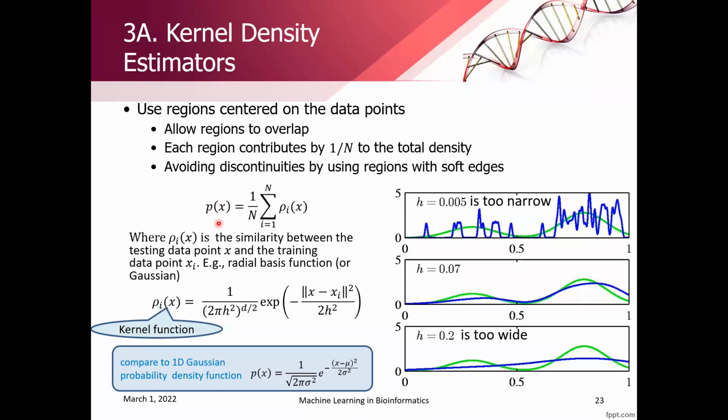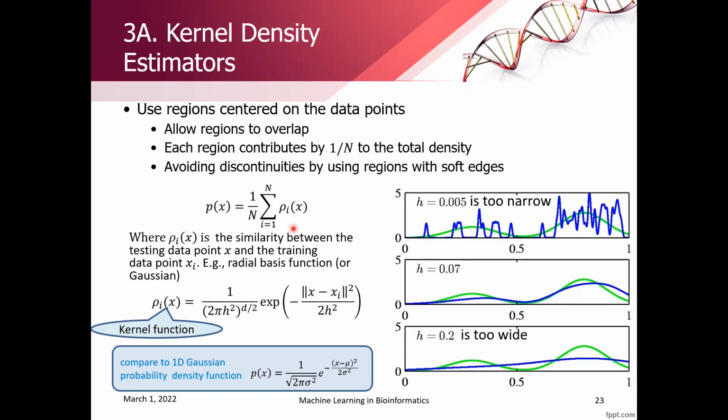So the density function is approximated as 1 divided by capital N times the sum of the kernel functions, rho sub i, x. x is the point for which we would like to approximate the density. So this is a new point, and for this point we would like to know the density.